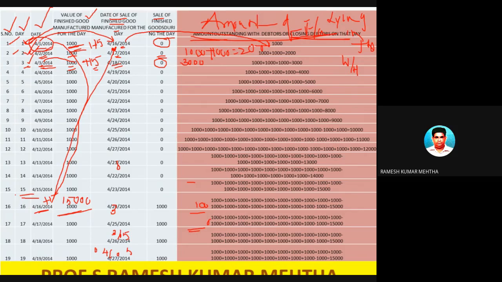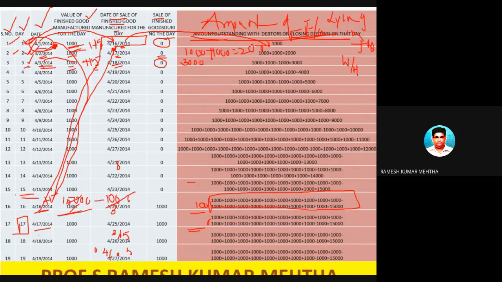However, on 16th April, the goods which were manufactured on 1st April go into the sales. They are moved from the warehouse to the end customer. So you have to remove 1,000 rupees. So I removed it. So 1,000 gets cancelled and 15,000 is the amount of finished goods lying idle in the warehouse on 16th April.